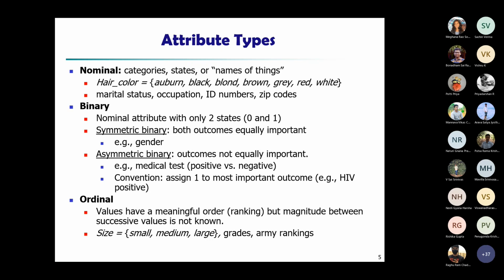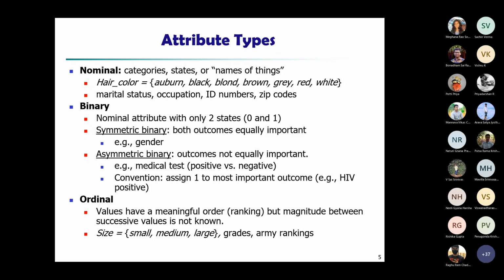Now, what is asymmetric binary? Take a medical test: if it is positive or negative, can we treat them as equally important? Does it have equal importance when a medical test comes positive and when it comes negative? It has different importance, isn't it? So there it is asymmetric binary. Like a disease being positive, like cancer positive or HIV positive, where one value has more weightage.